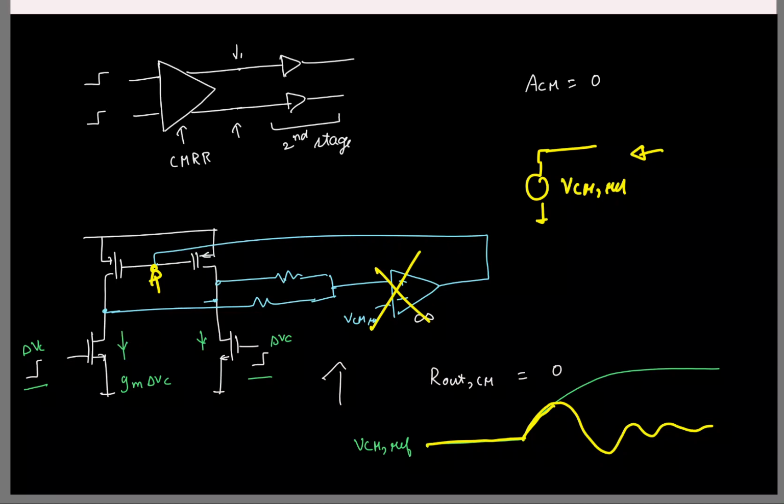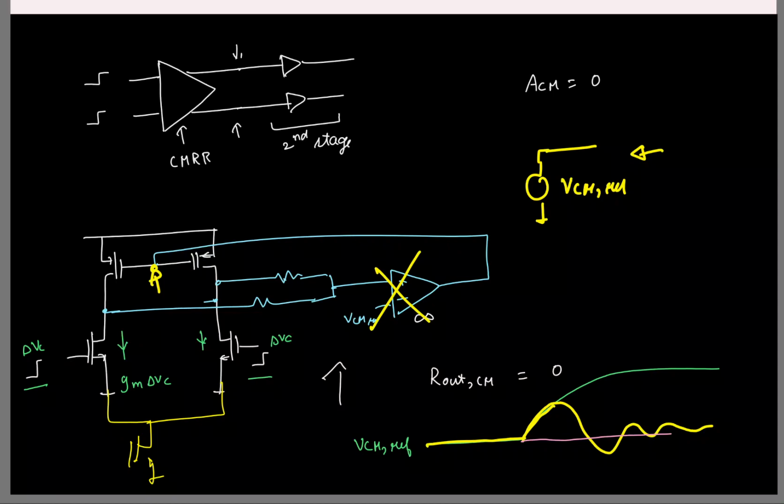Because for example, if I had a proper current source here, I know that even if there is a sudden jump in the input, the current here will be 0, right? Because this guy is fixing the current to some constant. Even if there is a jump in the common mode input, the incremental current is 0. So in that case, the output will not even change, it will just simply stay like this.